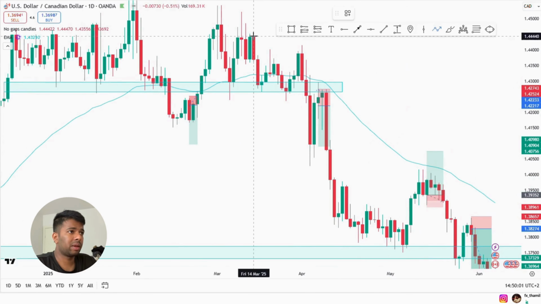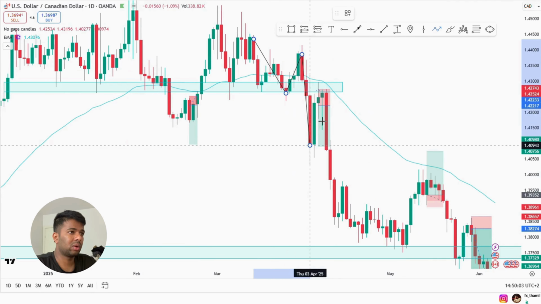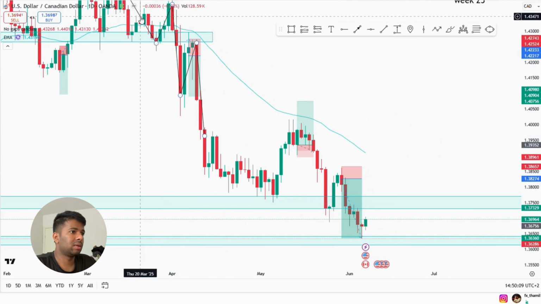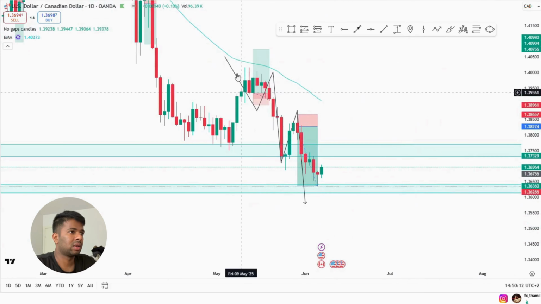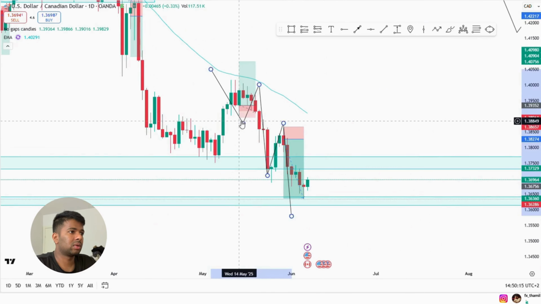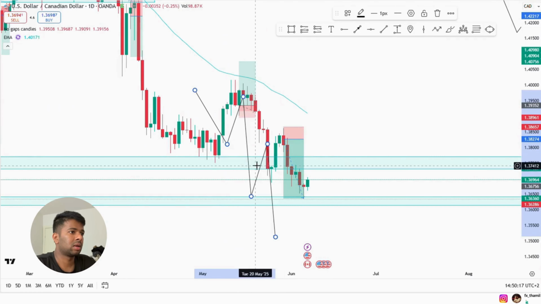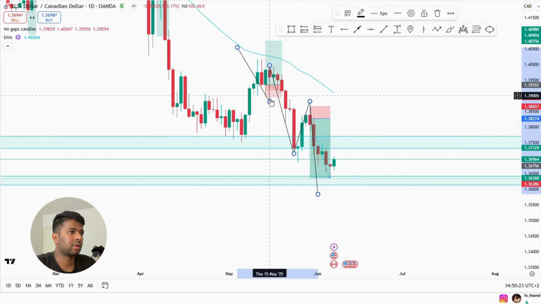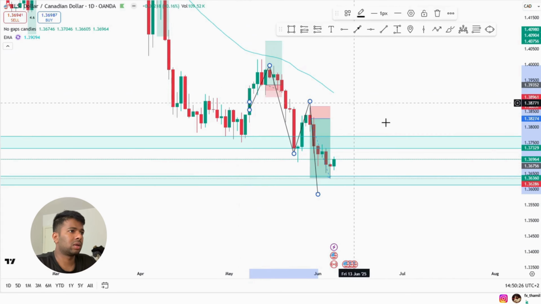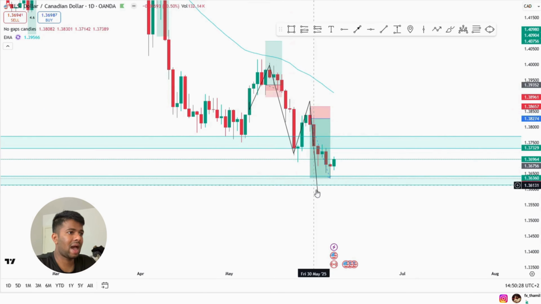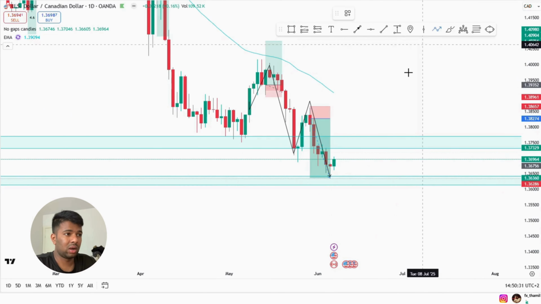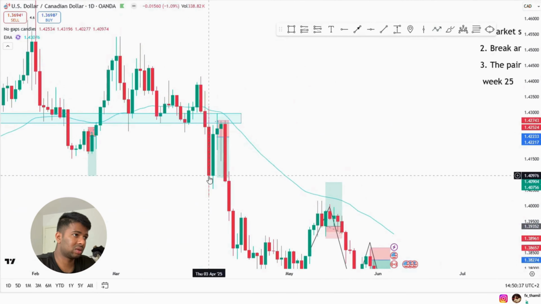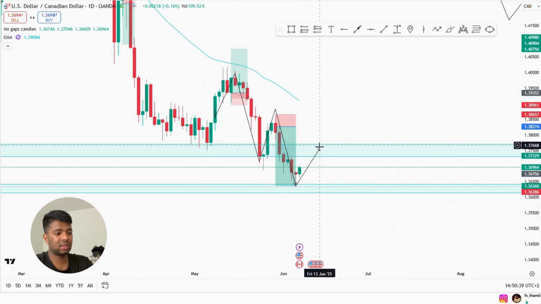If we copy and paste this move, lower low, lower high, lower low, lower high, lower low, to the pair, the move that's being created right now, all right, so it creates the lower high, lower low, lower high, and lower low. So now we're going to wait for the lower high in order to sell this pair.